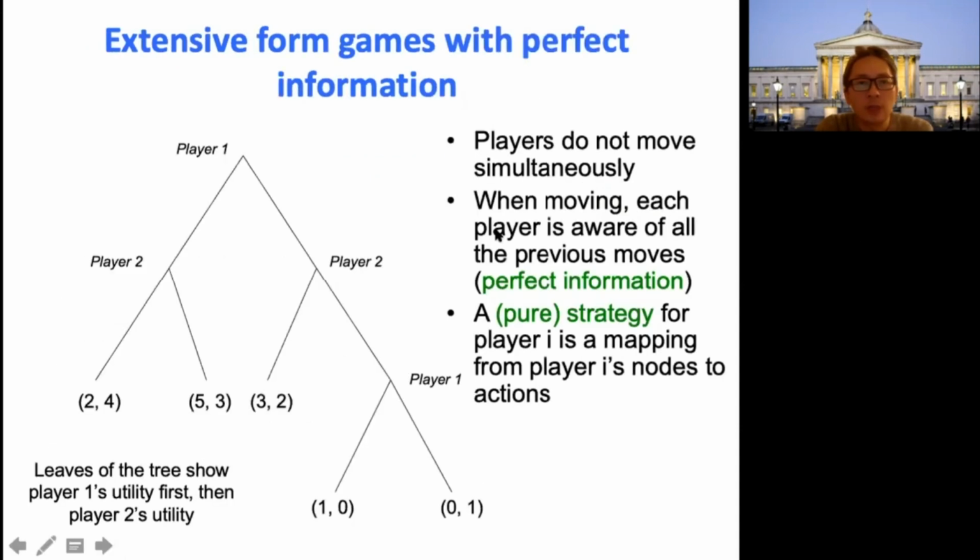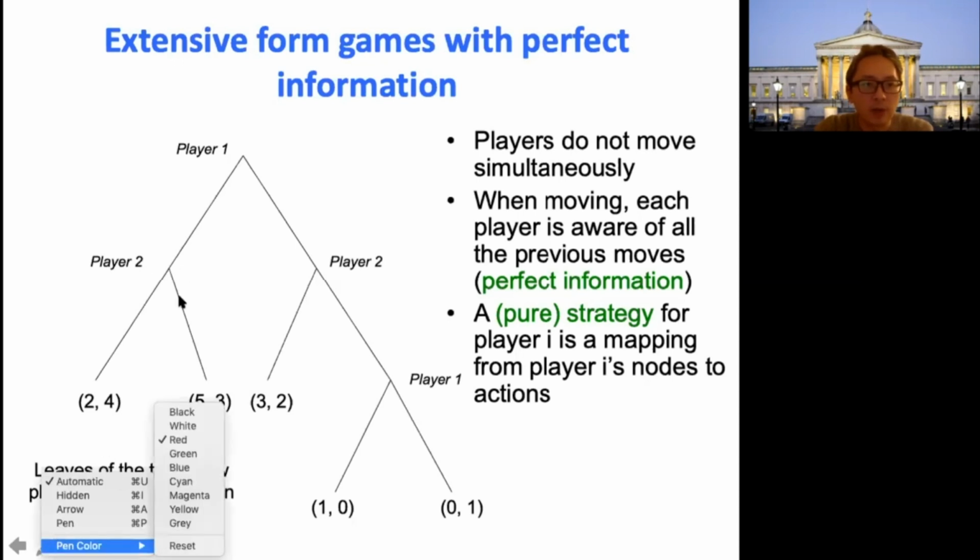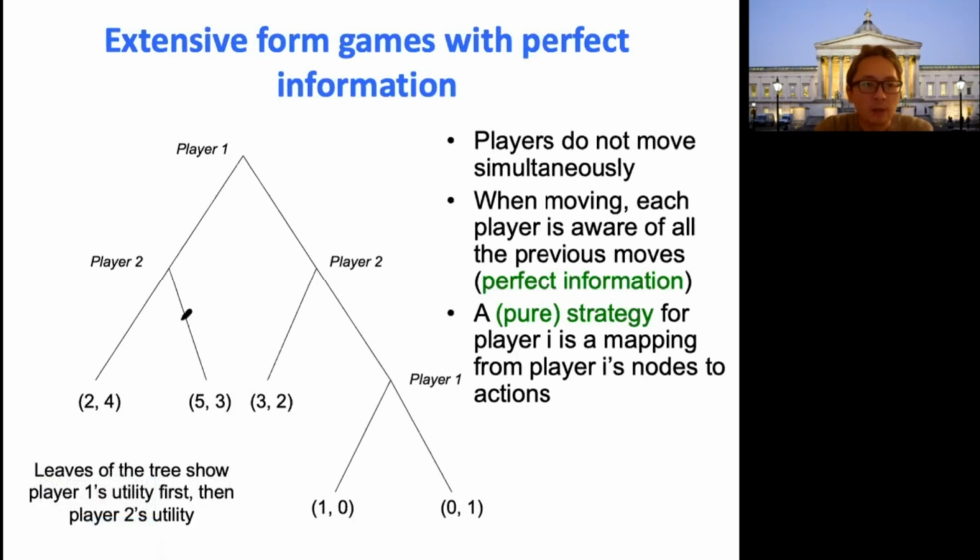And so we consider this perfect information. In other words, all the history of actions is taken into account once an agent has to make a decision. For example, here, if player two is to make a decision on this node, he would obviously observe player one's play, whether they did this or did that.